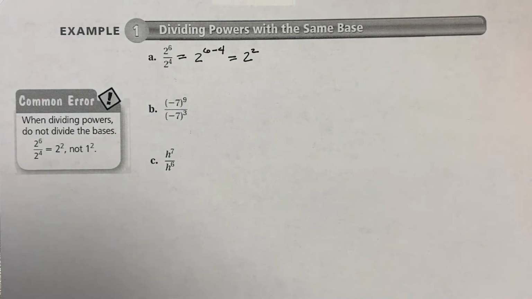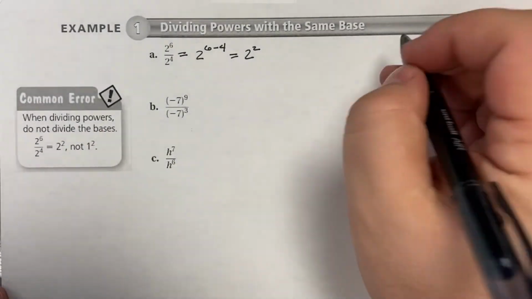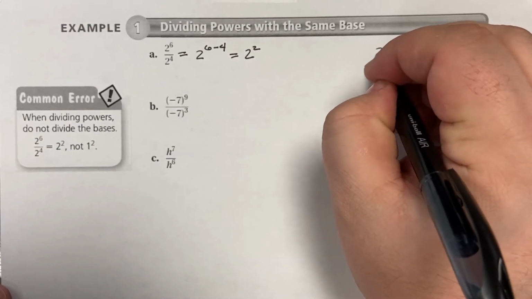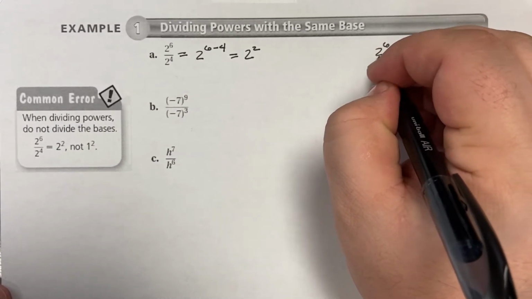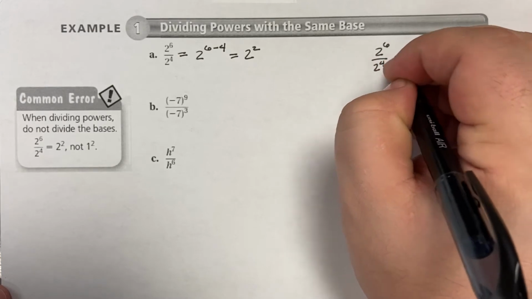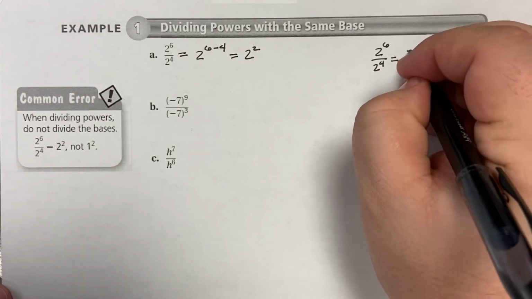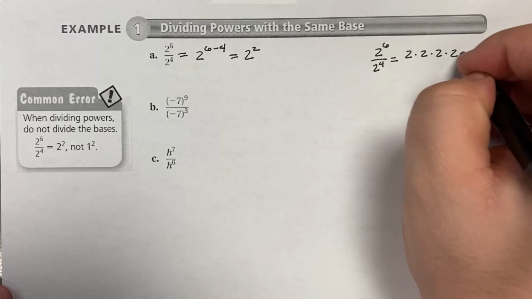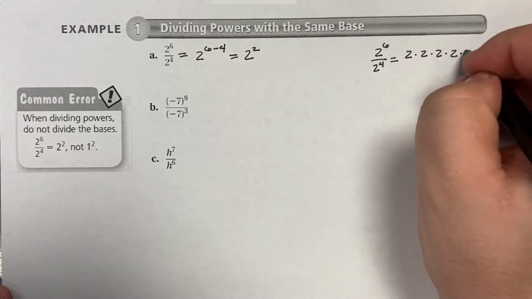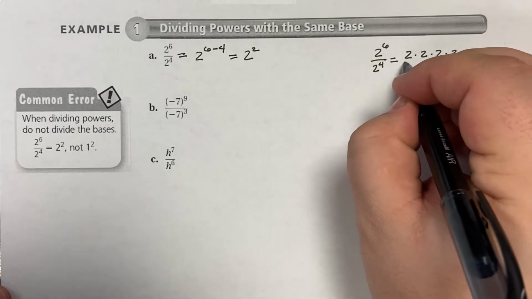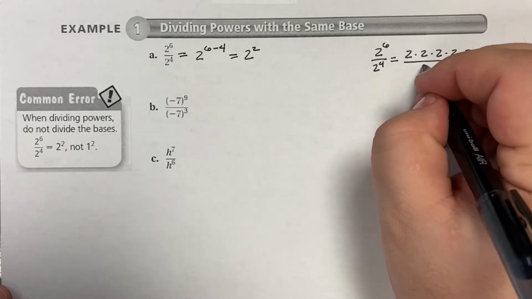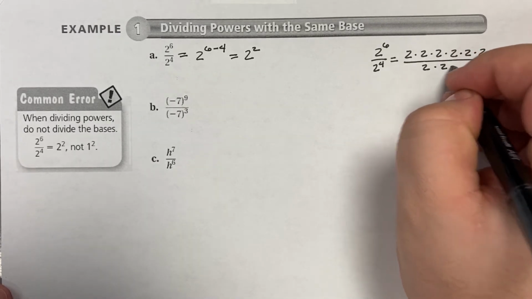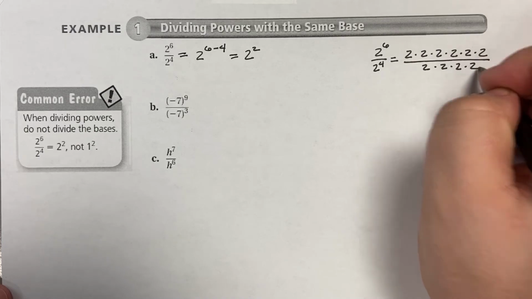All right, now I don't plan currently to do this for all three, but let me show you what is happening. This 2 to the 6th over 2 to the 4th is the same thing as 2 times 2 times 2 times 2 times 2 times 2 divided by 2 times 2 times 2 times 2.